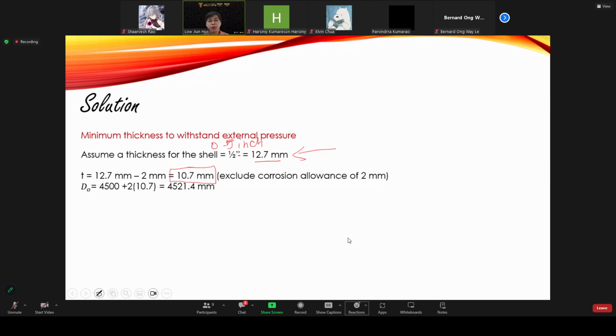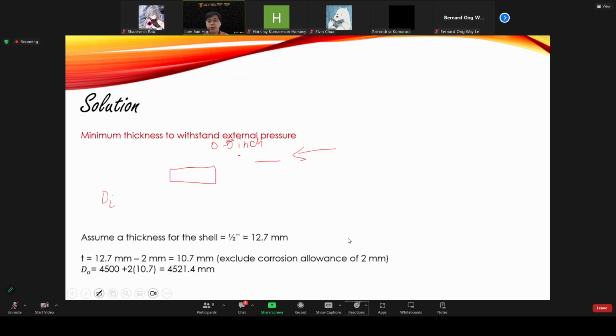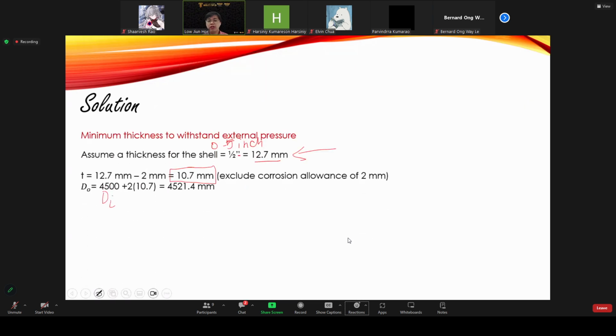Now, given that the inner diameter is 4.5 meter, convert it to millimeter: 4,500. This one is common sense; converting meter to millimeter you have to know, even though the conversion factor is not provided.